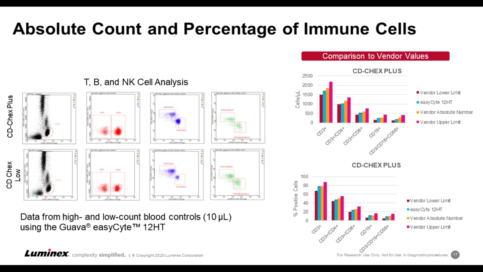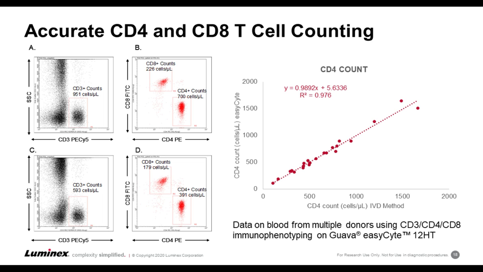And what you can see is that you can get a quick verification of the performance in terms of identifying and correctly and accurately quantifying these populations. And as I mentioned, this kind of immunophenotyping can be obtained with just 10 microliters of whole blood in a no-wash assay with plates or in tubes. We've done more extensive studies where we've applied similar strategies to stain a large number of blood samples and compared results.